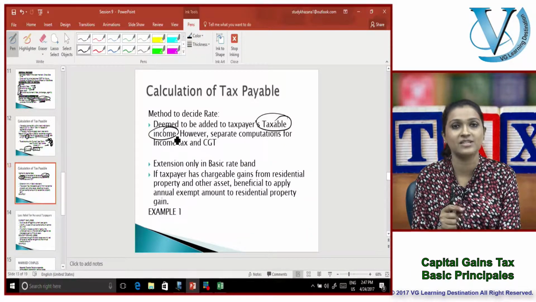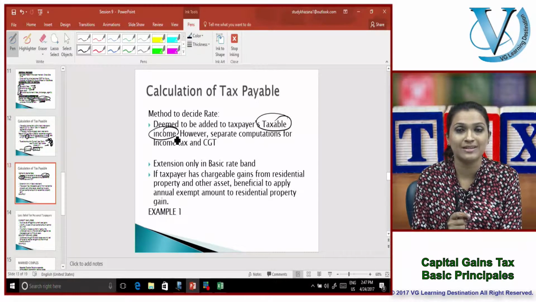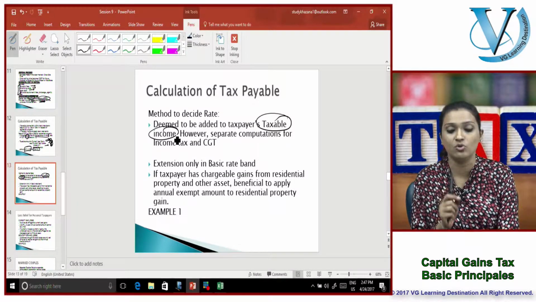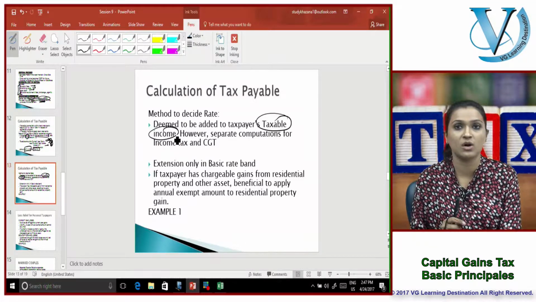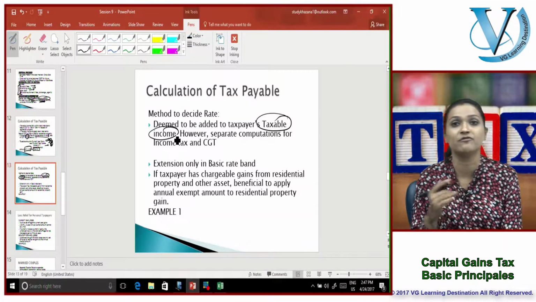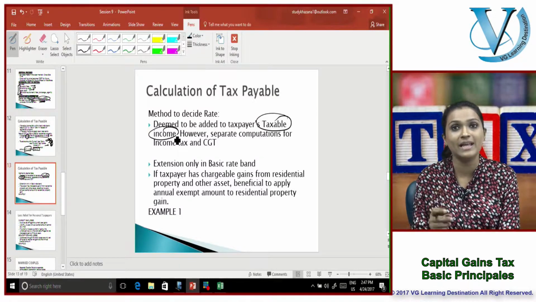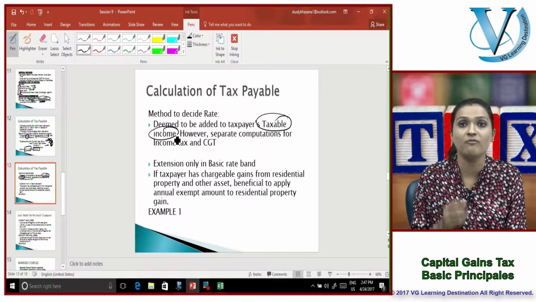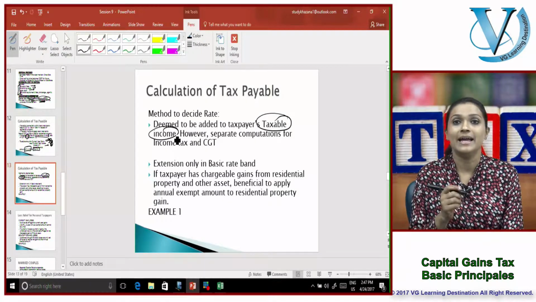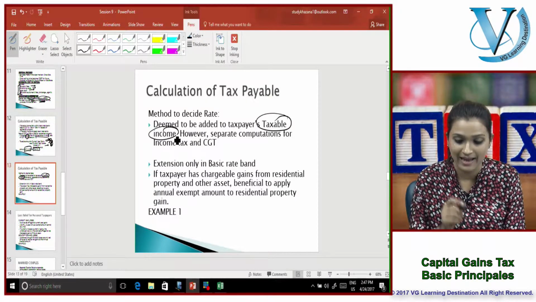This is the threshold upon which you decide which sort of taxpayer you are. However, separate computations are done for income tax and for CGT purposes. You add them up just to find out what band you are in for your CGT liability.